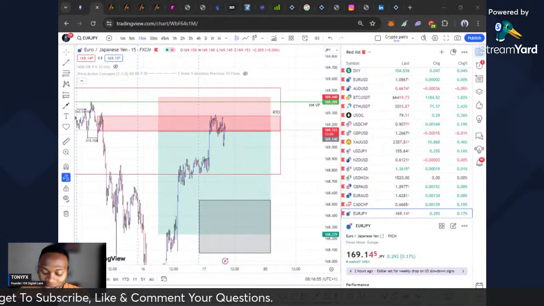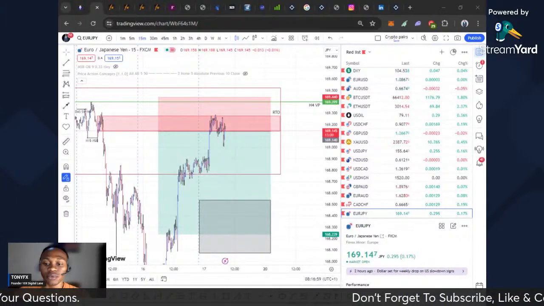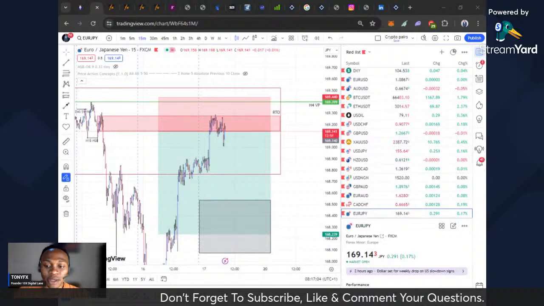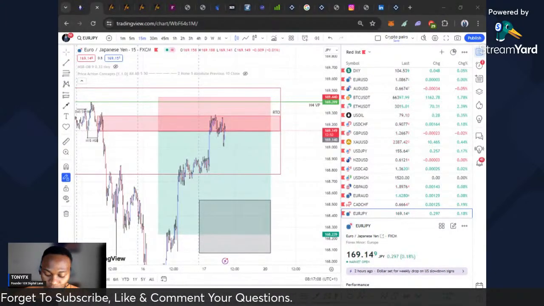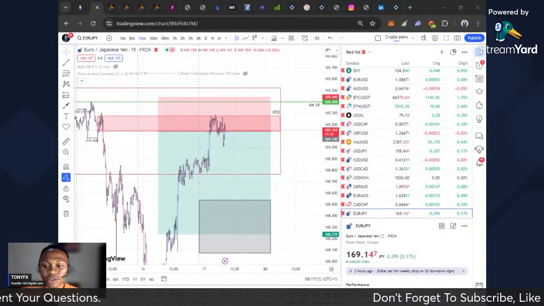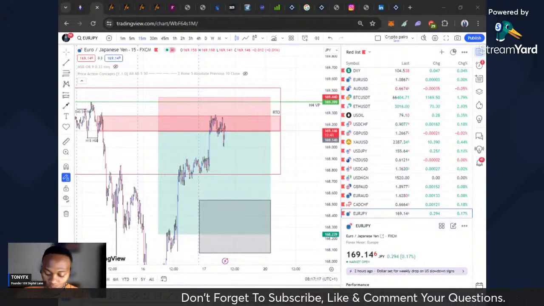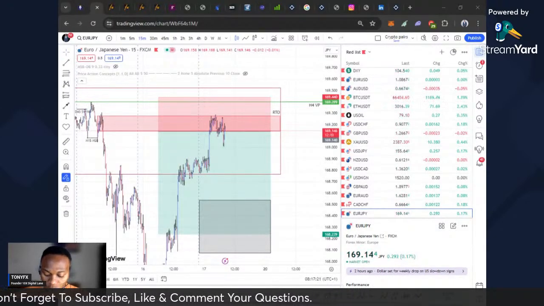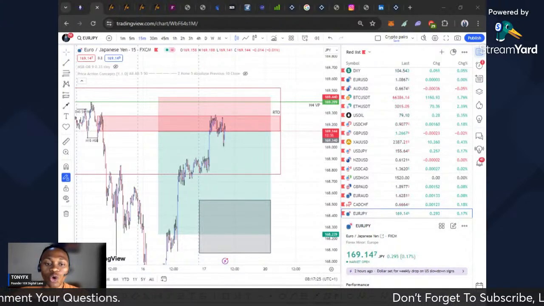Then we have the third overlap, which is very narrow and small, but we'll still count it because it's an overlap. It happens from 8 a.m. to 9 a.m., which has to do with Tokyo and London overlap.